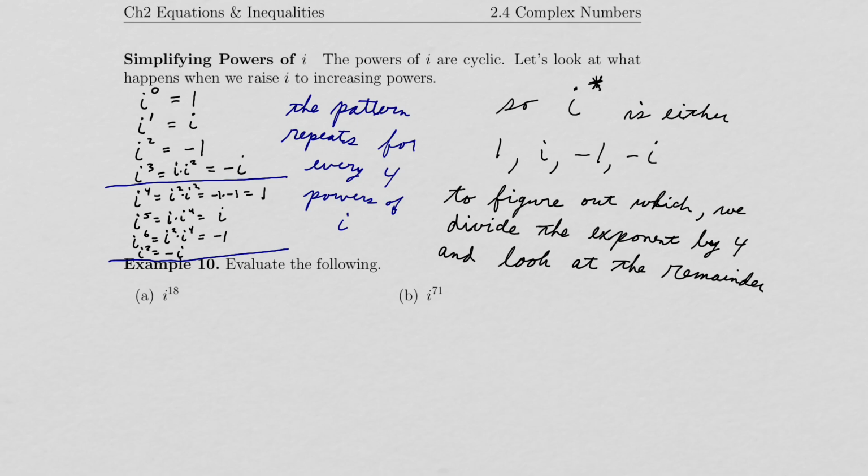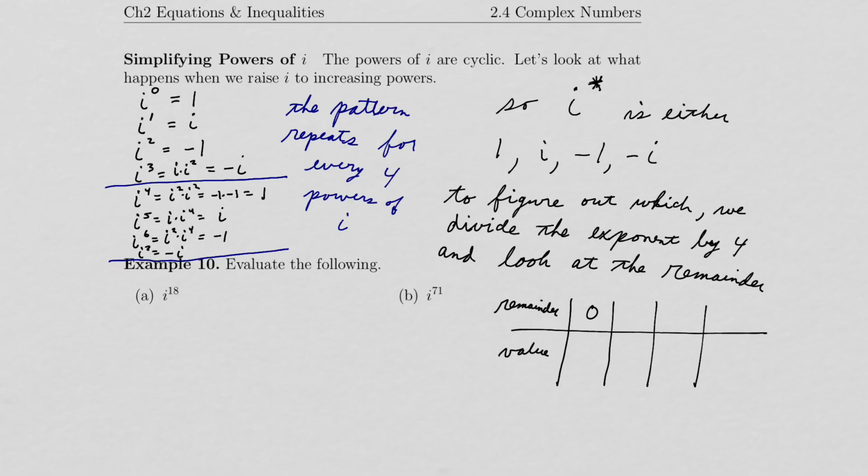Okay, so basically what we're saying is if the remainder, here, I'll make a little table here. If we divide the exponent by 4 and we look at the remainder, and if the remainder has a value of 0, then i raised to that exponent that has a remainder of 0 is going to have a value of 1.